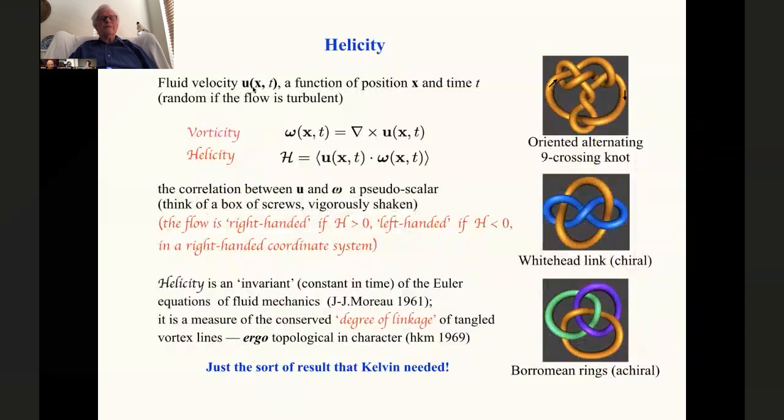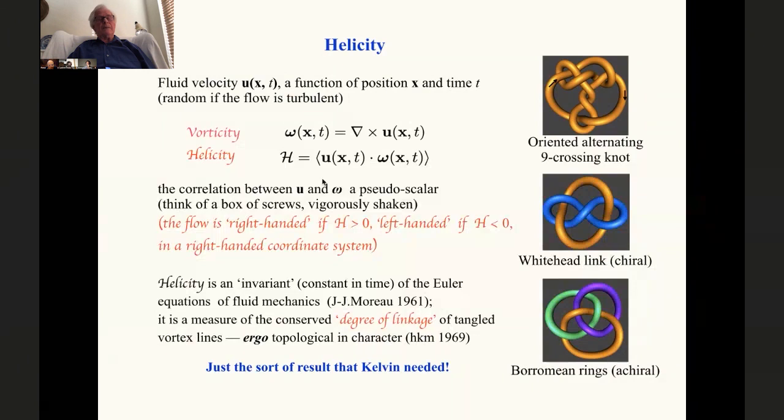For a general fluid velocity u, a function of position x and time t, which may be random if the flow is turbulent, the vorticity omega is the curl of u, as we've had. The helicity h is the scalar product of u and omega, and it is usually the average, sometimes the integral of this quantity, sometimes the average for a turbulent flow. The correlation between u and omega, and this is a pseudo-scalar, a very important property.